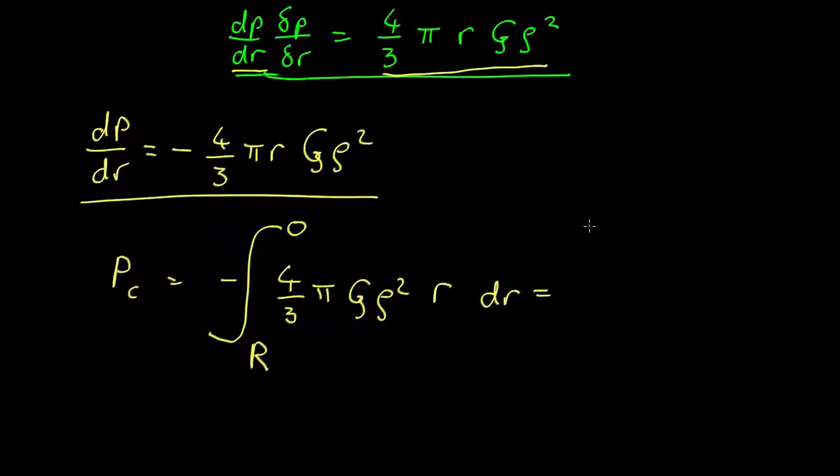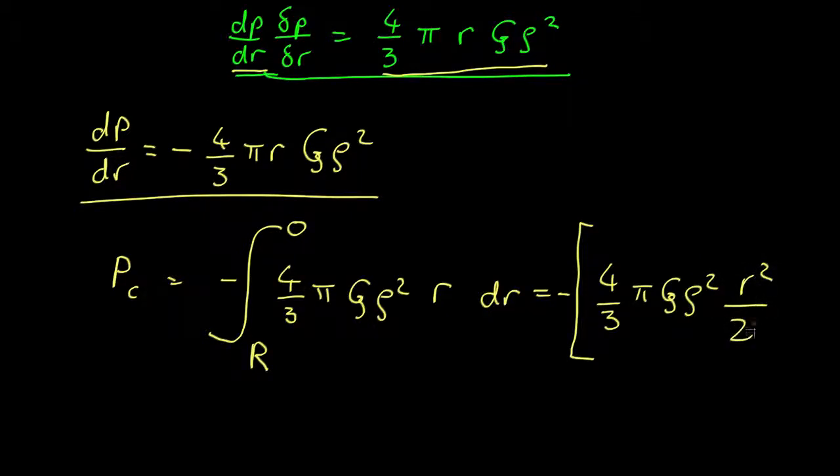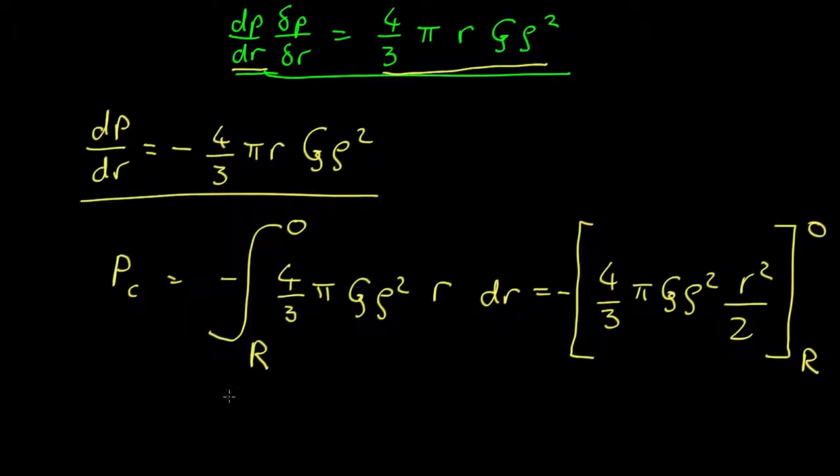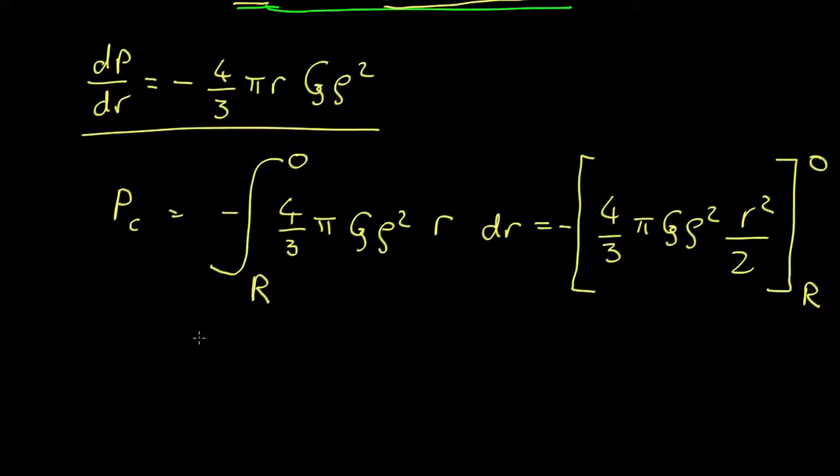So this comes out as minus 4/3 pi g rho squared r squared over 2 from r to 0, which just comes out as 2/3 pi g rho squared r squared.